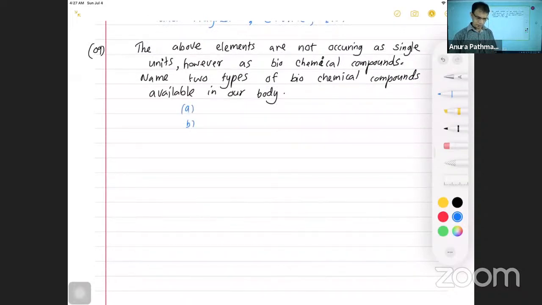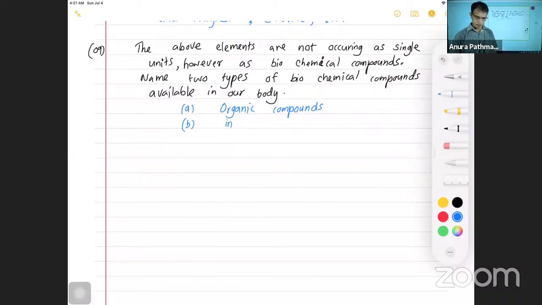They are organic compounds and the other one, inorganic compounds. Thank you.